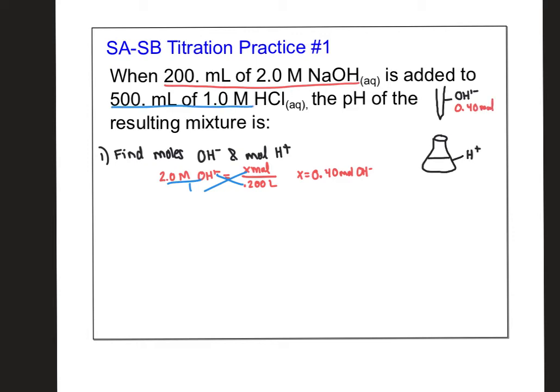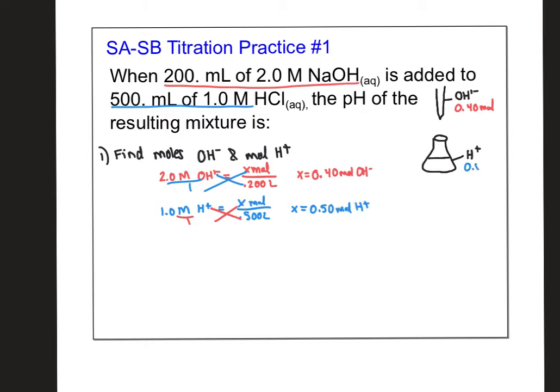Down below, I have 1 molar HCl, which is the same as 1 molar H+. There's 1 hydrogen and it breaks apart completely. I want to find moles, and it's 500 mL, so 0.5 liters. Toss that over 1 and crisscross. That gives me X equal to 0.5 moles of H+.